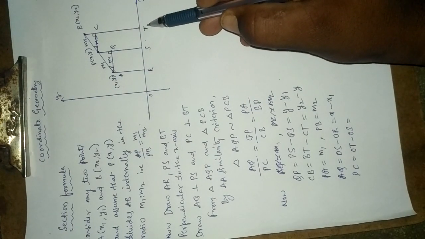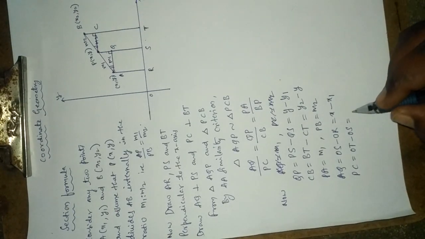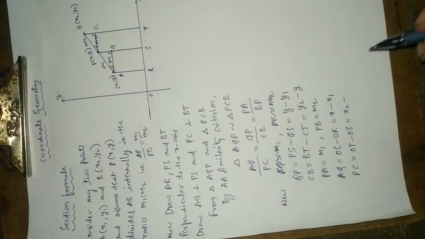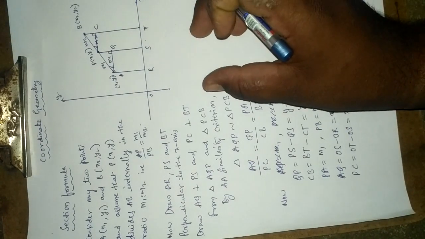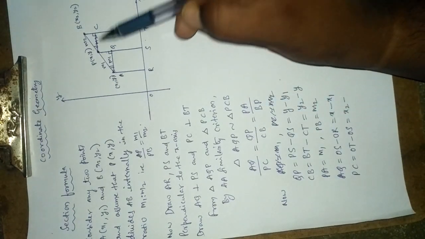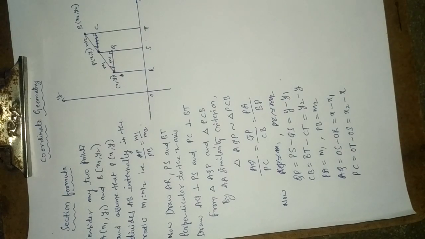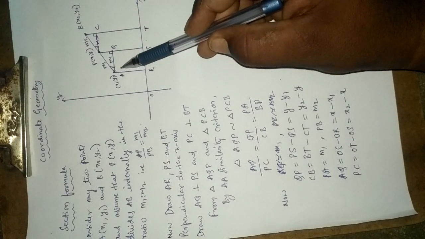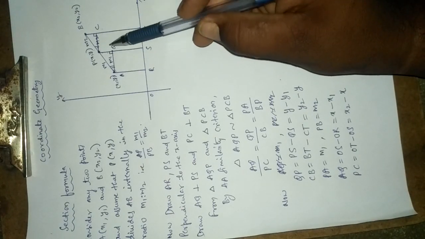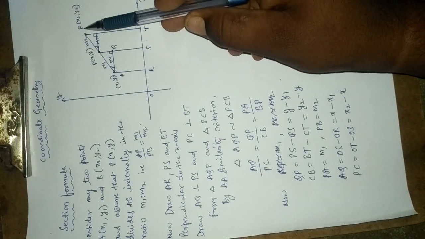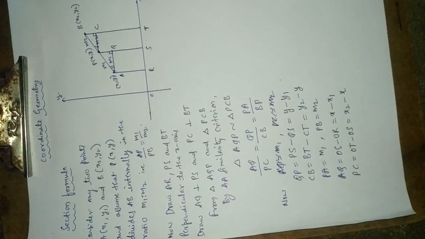OT distance is nothing but the x coordinate of point B. So this is x2. x2 minus OS. OS means the distance of OS is the x coordinate of point P, that is x. Right? So here in both triangles we got AQ, PC, PB, BC. Then AP and PB are M1 and M2, that is the ratio.